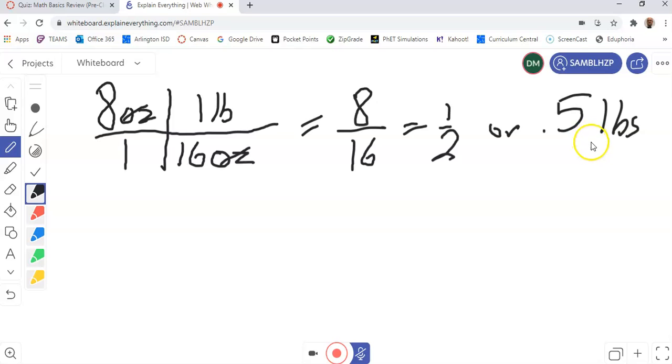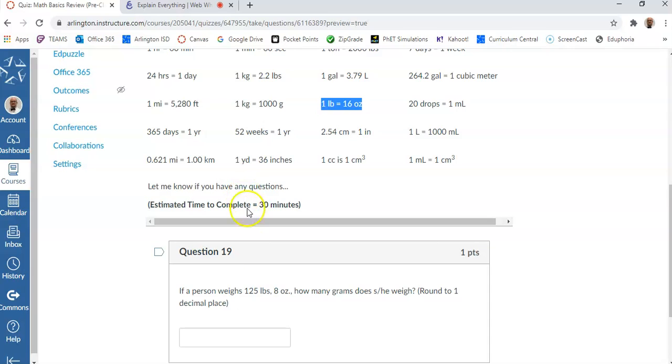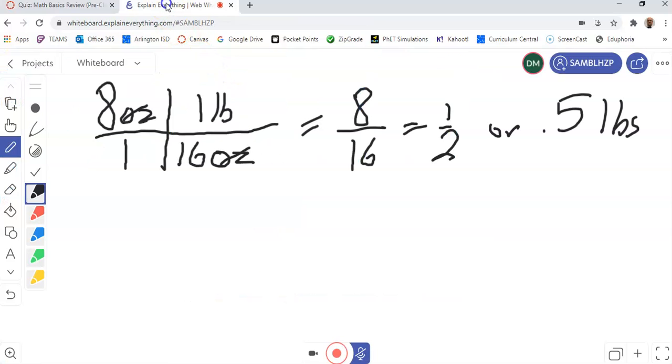All right, first step done. It tells us we have 125 pounds, 8 ounces. So that's actually 125.5 pounds.